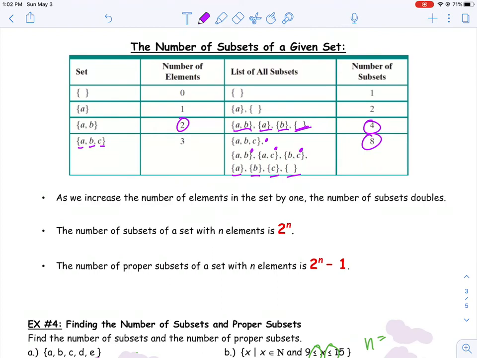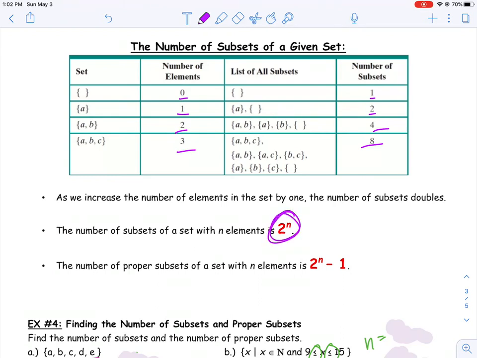And what happens if I have 4 elements or 5 elements or 6 elements? Now, I wouldn't be so mean to make you write out all of those. So let's see if we can come up with a pattern that would work to figure out how many subsets there would be, no matter how many elements I have. Do you notice any sort of pattern of how I can go from 0 to 1, 1 to 2, 2 to 4, 3 to 8, and any number of elements to the number of subsets it has?